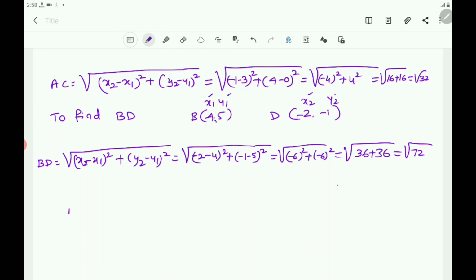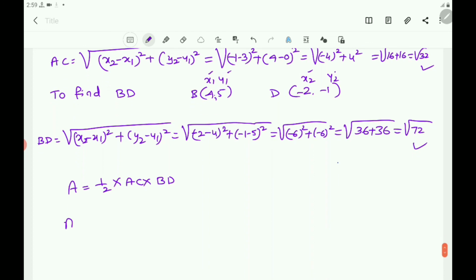Now you write the area of the rhombus equals half into the product of the diagonals, that is AC into BD. You got AC as root 32 and BD as root 72. So the area equals half into root 32 into root 72.